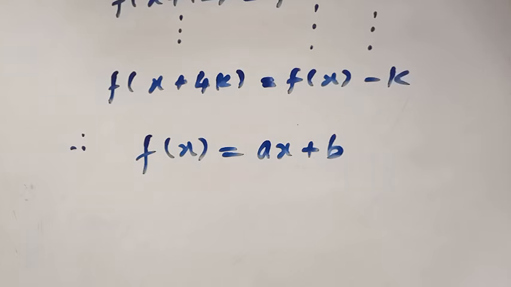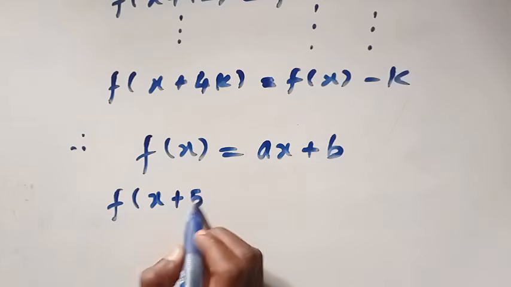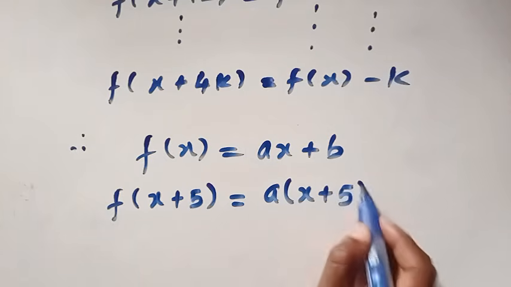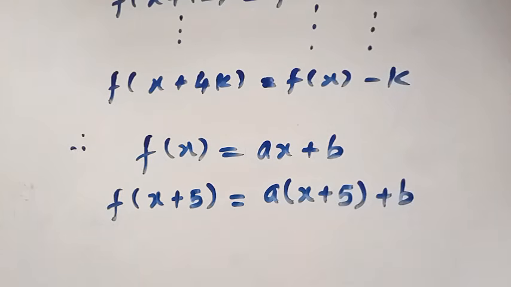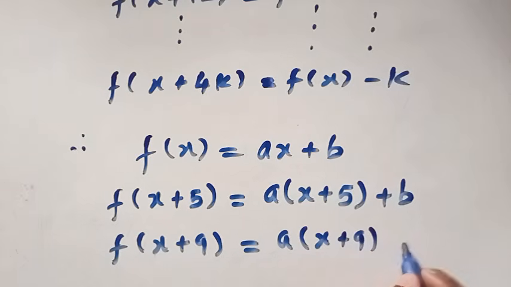So by replacing this here, we have f of x plus 5 equals a into bracket x plus 5 plus b. And on the other side, we have f of x plus 9 equals a bracket x plus 9, then plus b.